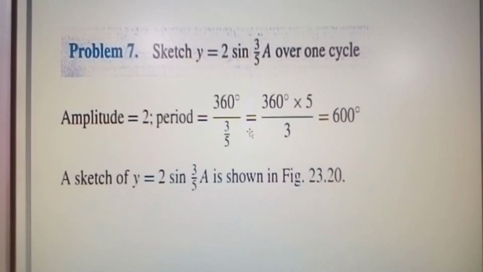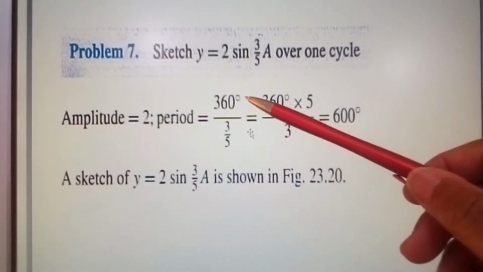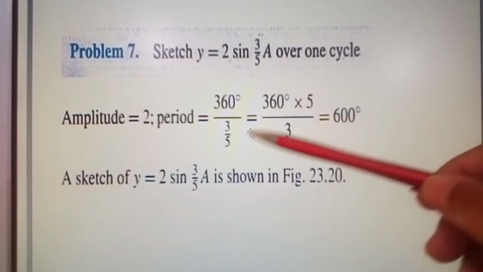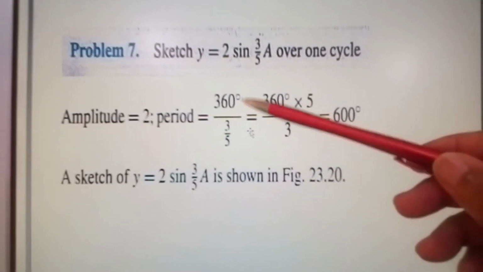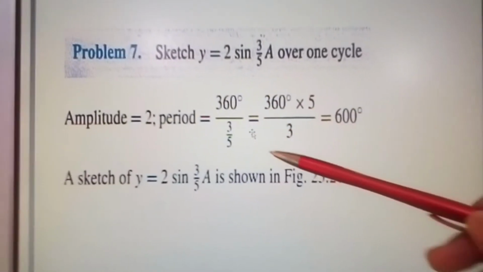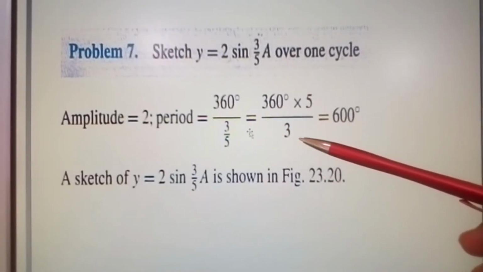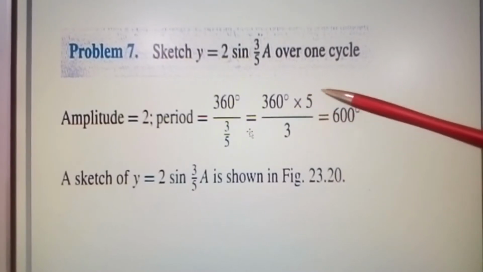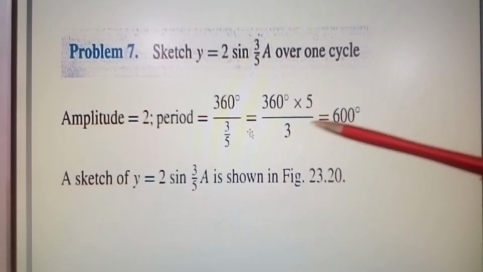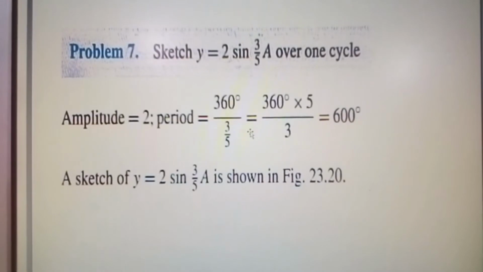All we've done here is multiply the top by 5 and the bottom by 5. The 5 at the bottom will cancel out, and that will leave us 360 times 5 divided by 3, which equals 600.